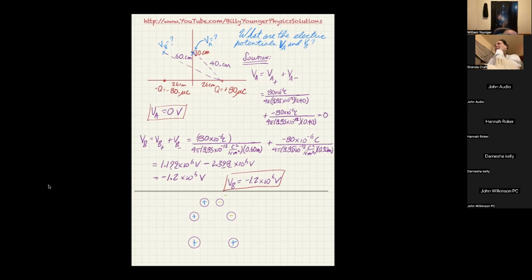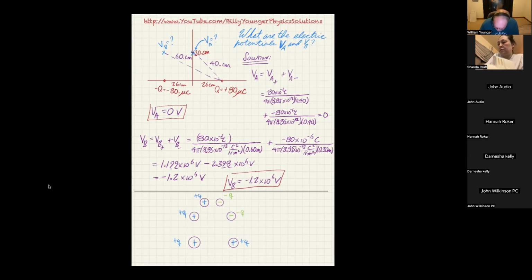So this charge will in fact be negative Q, positive Q, positive Q, positive Q, and positive Q. And what we'd like to know is which one has the highest potential energy and which one has the most negative potential energy.